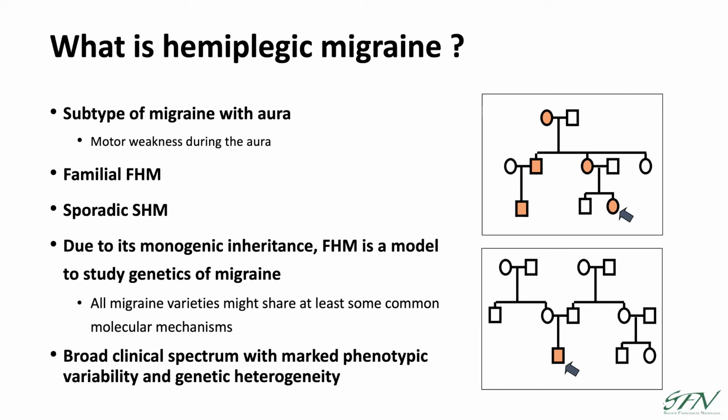That means that between various patients, the clinical features may be very different. And there is also a genetic heterogeneity. That means that there are different mutations in different genes that all can cause familial hemiplegic migraine. But these mutations explain only a part of the clinical feature.